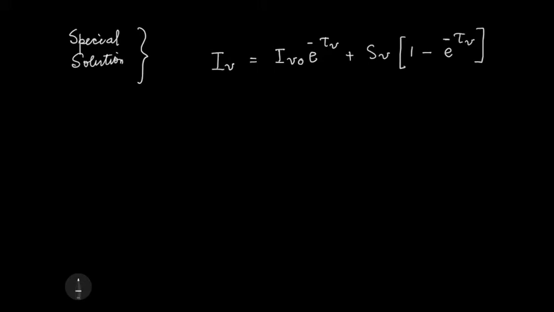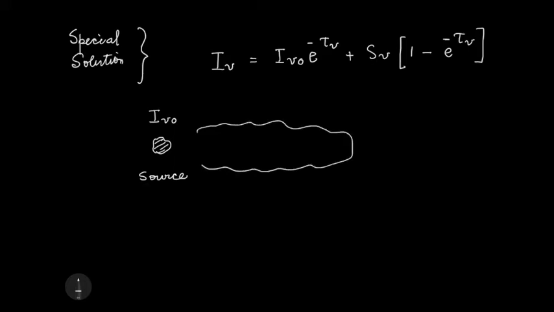What we'll try to do now is understand these three terms. So let's try to do that first. Let me draw the picture again here. This is my source, where I said the intensity is I nu 0. And obviously tau is 0 at the source. And then I have this medium.